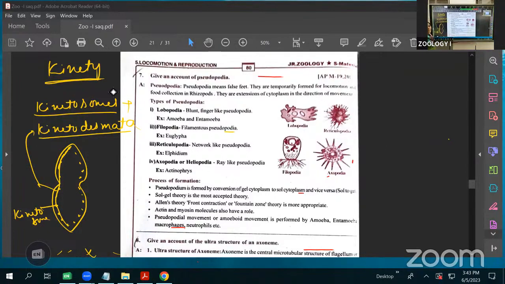All the kineties are added with the motorium and form an infraciliary system.